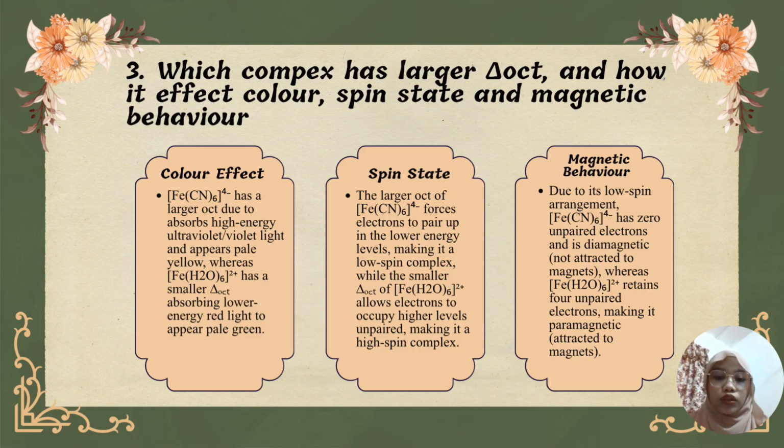Due to the low spin arrangement, [Fe(CN)6]4- has 0 unpaired electrons, so it is diamagnetic and not attracted to magnets. Whereas [Fe(H2O)6]2+ has 4 unpaired electrons, making it paramagnetic, which is attracted to magnets.